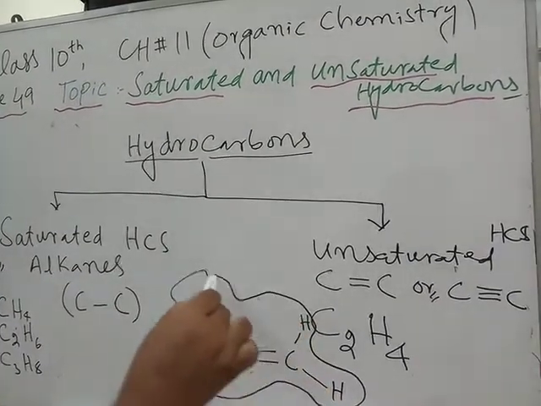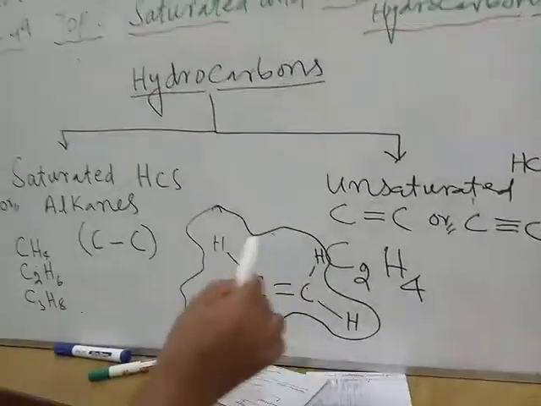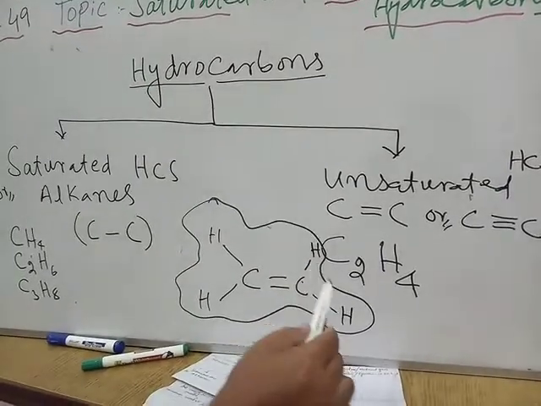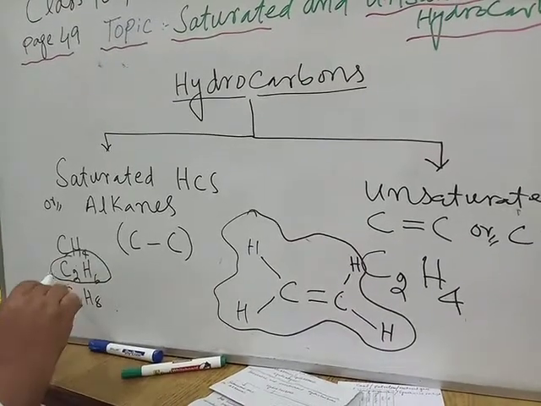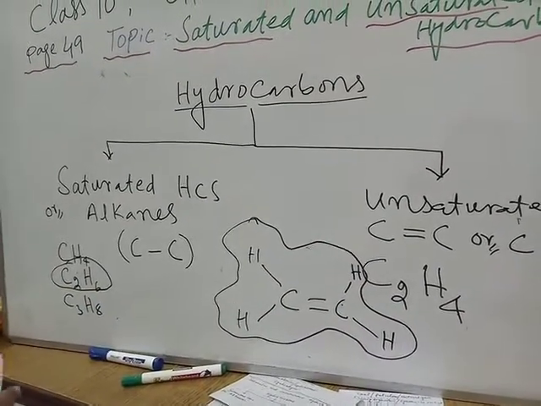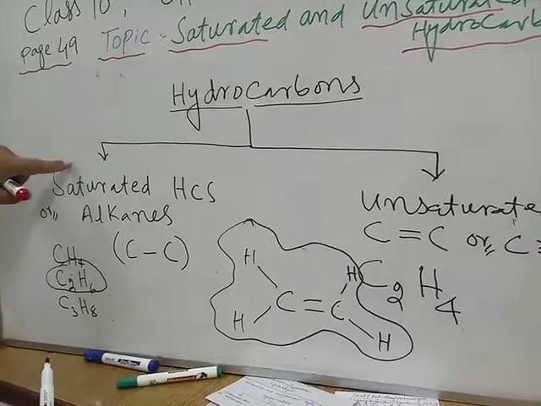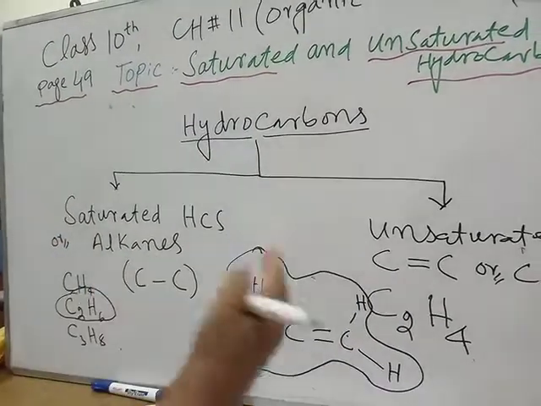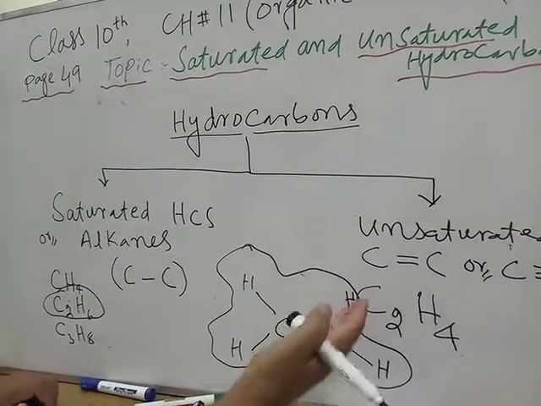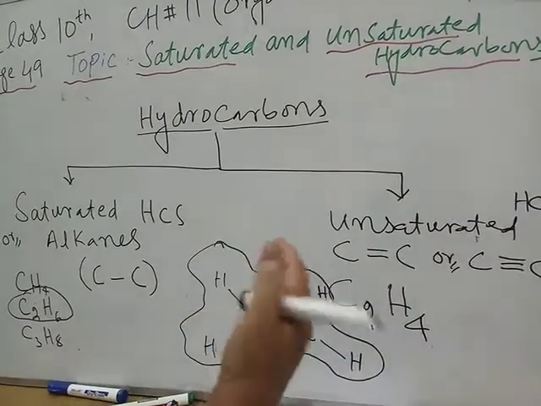Look at this. With two carbons, how many hydrogens are there? Four. Now look at alkanes: with two carbons, there were six hydrogens. That's why they were known as saturated, because they are saturated with hydrogen atoms. And these have comparatively less hydrogen, so they are called unsaturated.